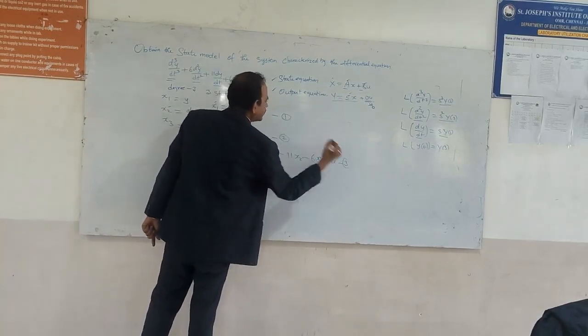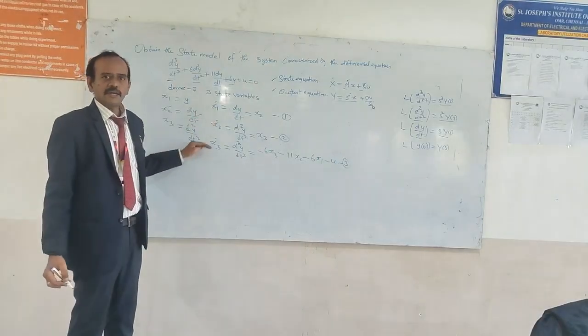So this is equation 3. We got x1 dot, x2 dot, and x3 dot.